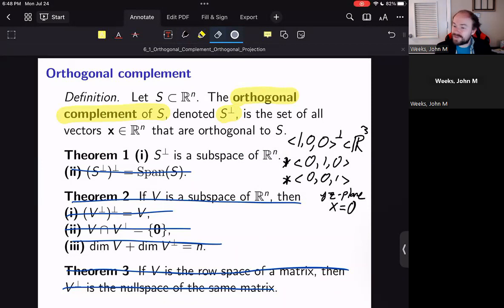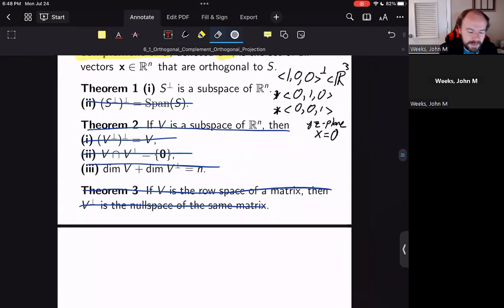So what are the things that we have to check for a subspace? Let's go through and see that here to be a little bit more precise. Remember that the subspace test needs two things. One, you need to show that it's non-empty. One way we'll do that is to ask: is the vector 0 in S perp?